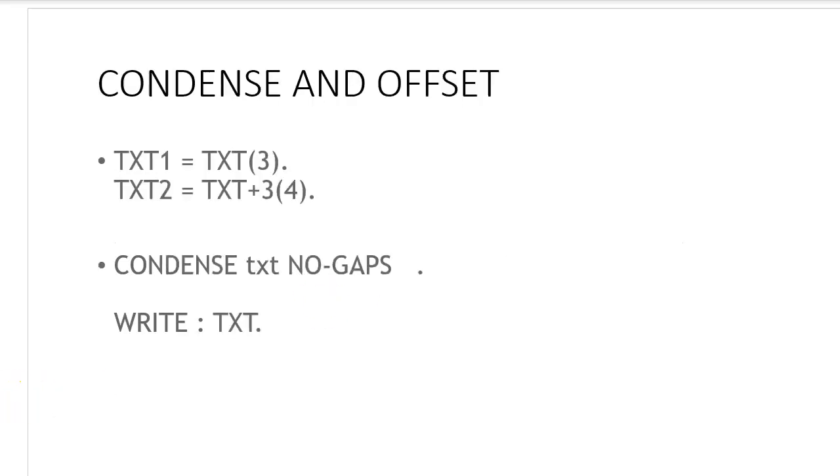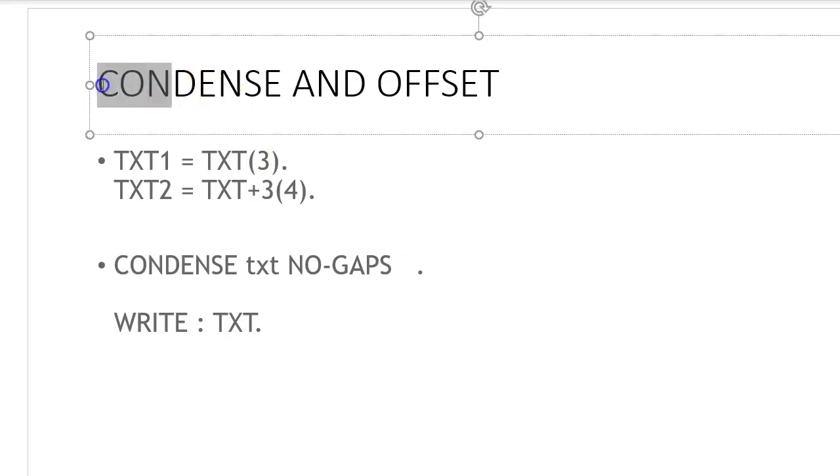Now let's talk about condense and offset functions. The first one is offset. The first line indicates take the 3 characters from the beginning of the txt string. Whatever the string is, it will take these 3.